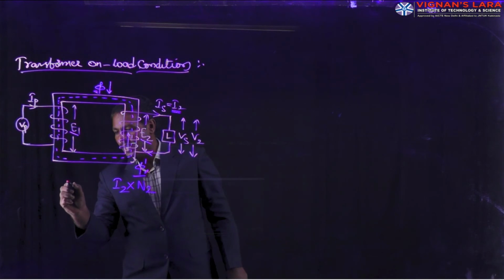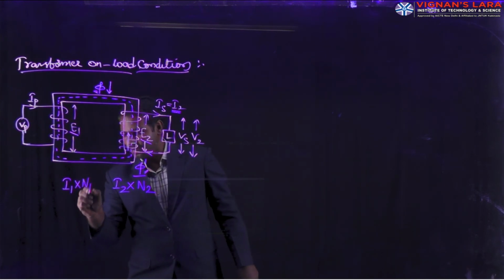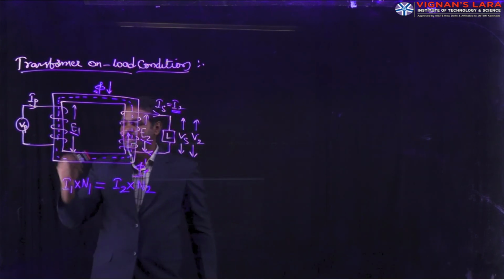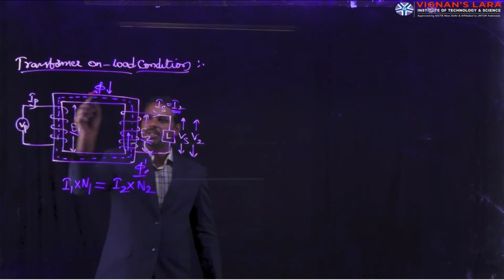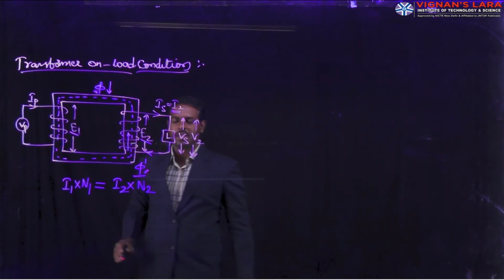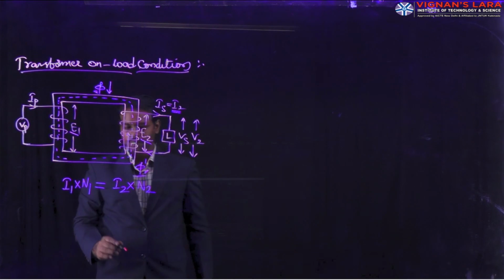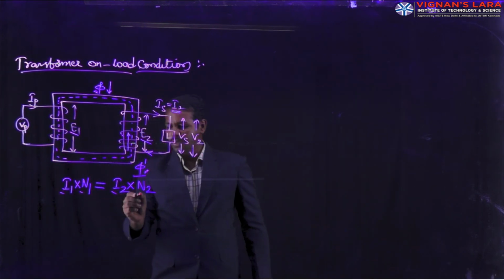The additional current I1 links with N1, and compensates the secondary ampere turns. Then whatever current or voltage is given to the primary is as usual, linking with the secondary winding, and the corresponding current is delivered to the load. So I1 N1 is equal to I2 N2.